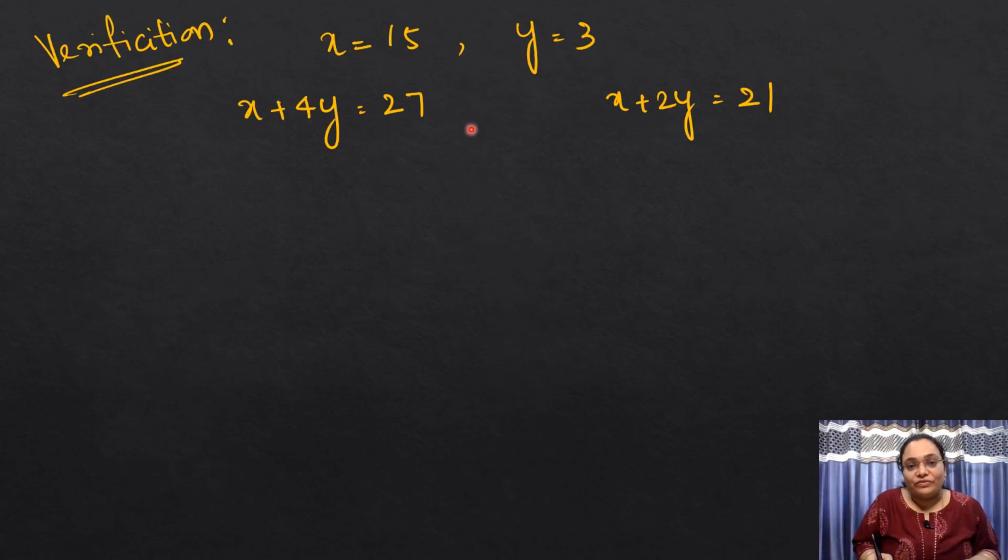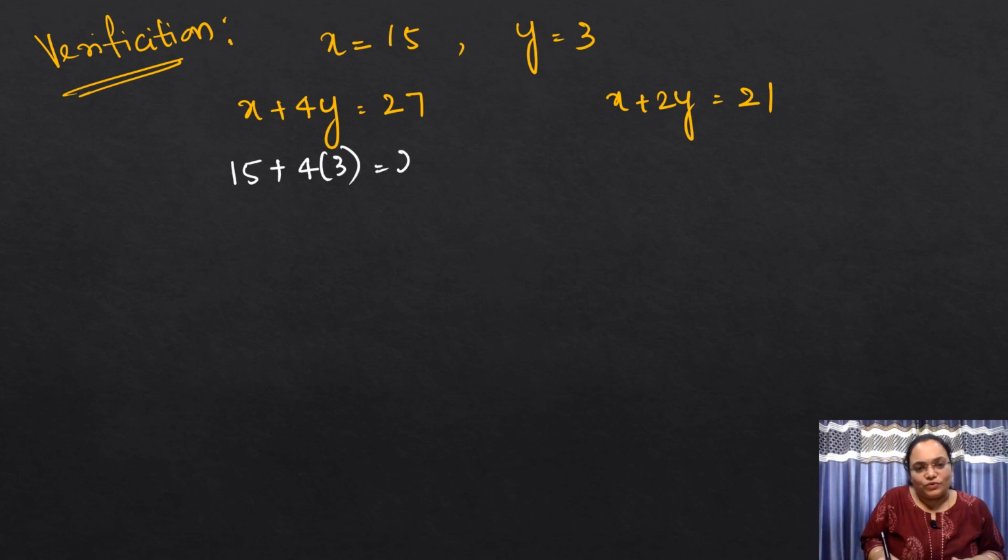So how do you do the verification? Let us put the x and y values in these two equations and see if they satisfy both sides. 15 plus 4 into 3 is equal to 27, which is 15 plus 12 is equal to 27.